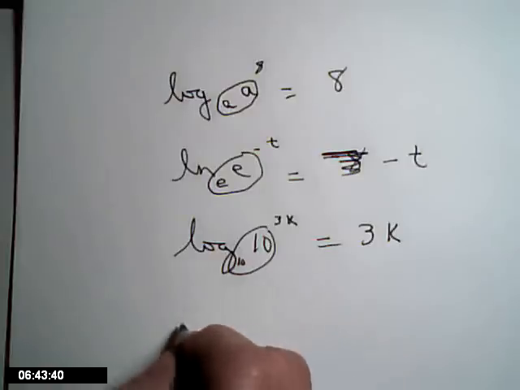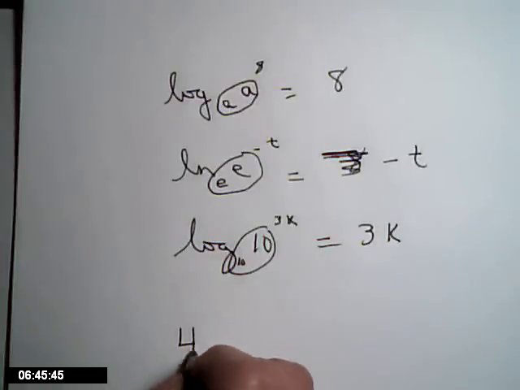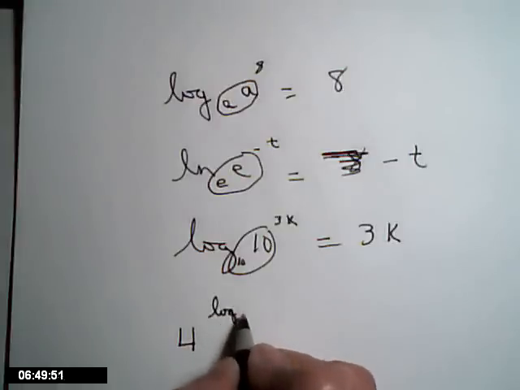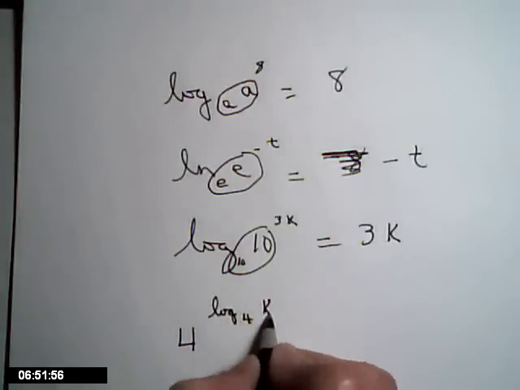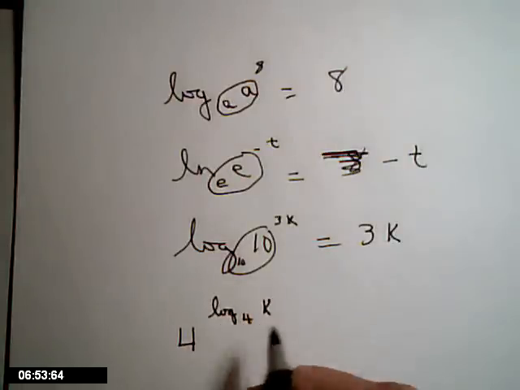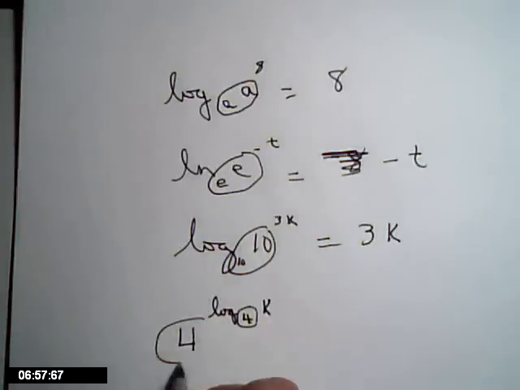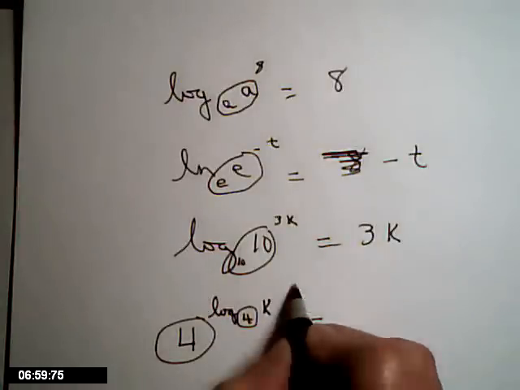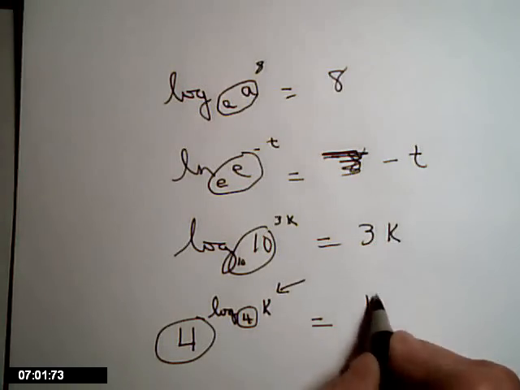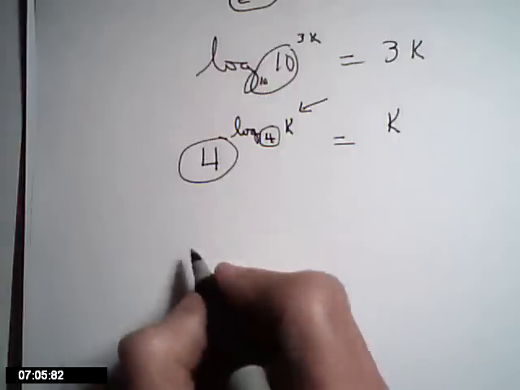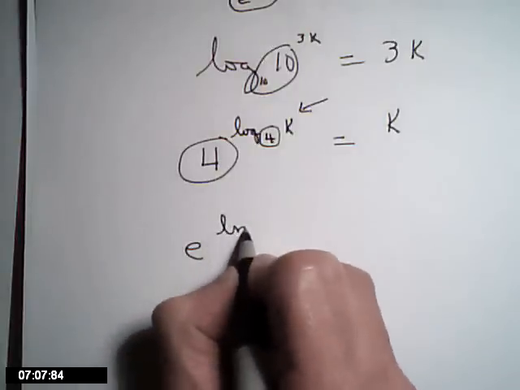Okay, we haven't worked much with these, but what if you have a 4 as a base raised to a power that's, say, log base 4 of k? So my base is 4 raised to a logarithmic power where my base is also 4. Then my answer is that argument, which is k. Think about it as being the only thing left, and that will get you there every time. E to the natural log of 5.